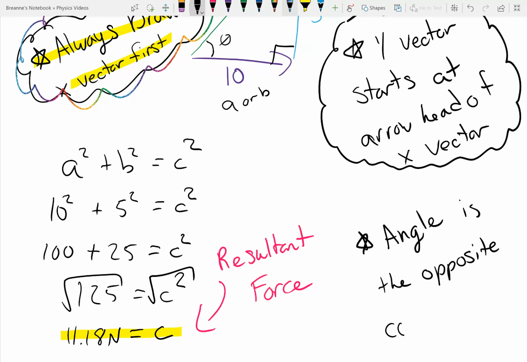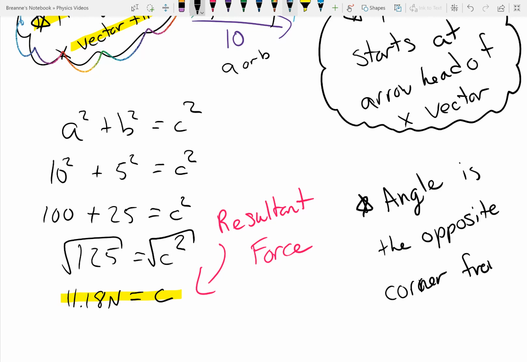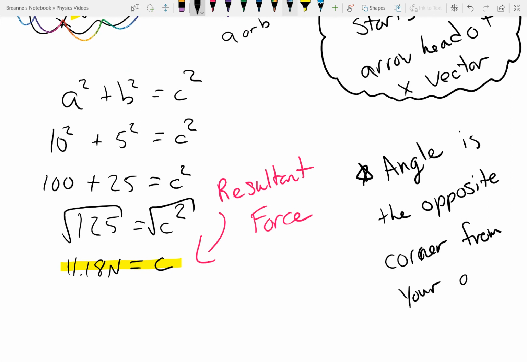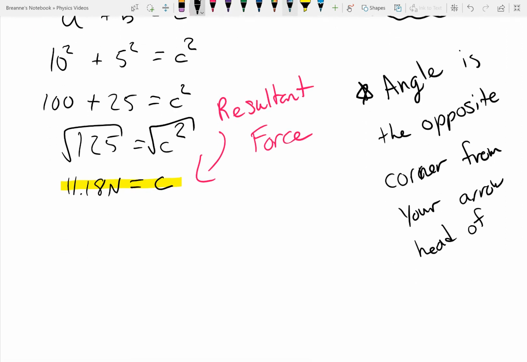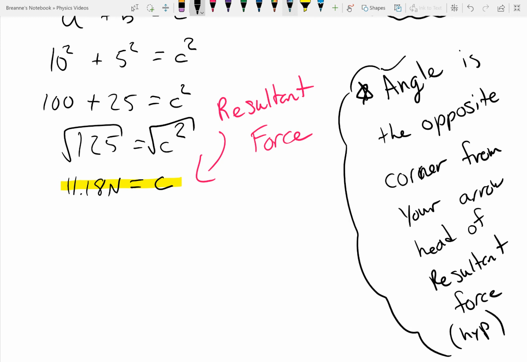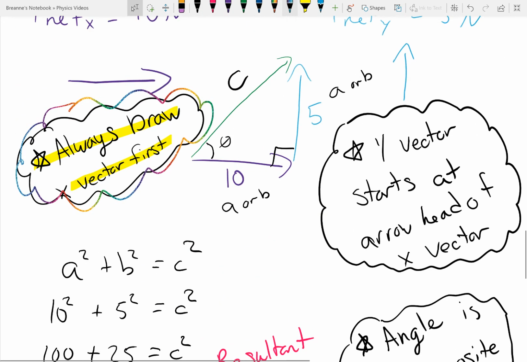It's the opposite corner from the arrowhead of the resultant force, aka your hypotenuse. I'm not spelling hypotenuse, that's as close as you're getting. So it would go there.